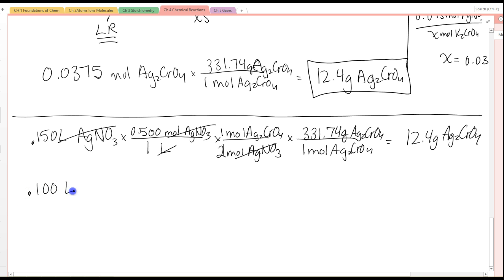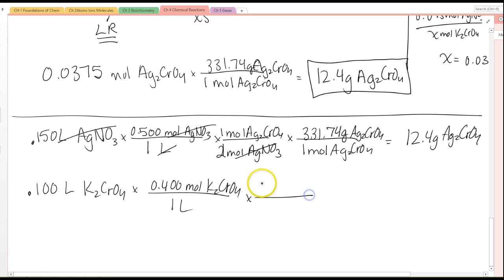So 0.100 liters of potassium chromate, and I'm going to carry the stoichiometry across. One mole Ag2CrO4 to 1 mole of potassium chromate times the molar mass.